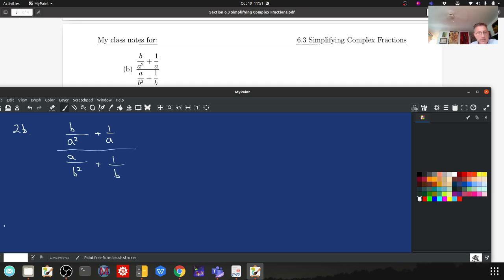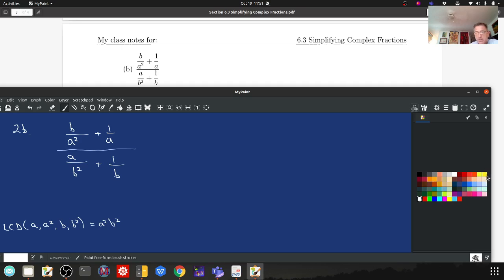So I want you to verify on your own that the LCD of a squared, b squared is equal to a squared, b squared. That should be easy for you to verify.